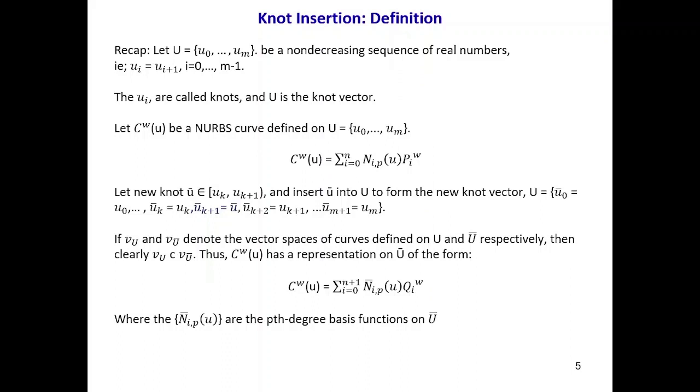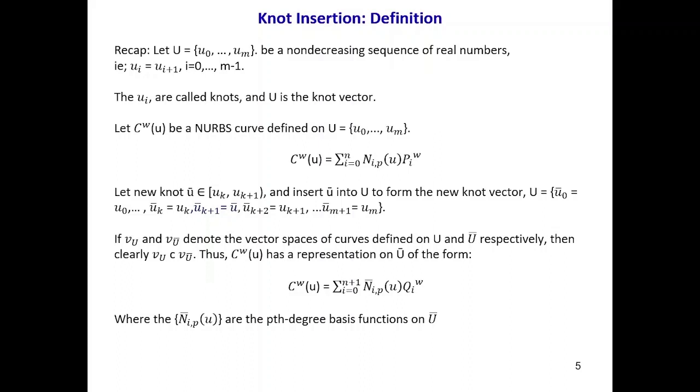The vectors and such have already been introduced by fellow classmates, so let me just recap some of them here. Let U be a knot vector which contains a non-decreasing sequence of real numbers, where u0 to um represent the knots.